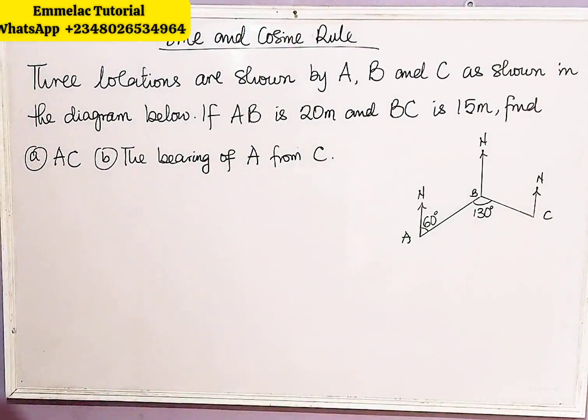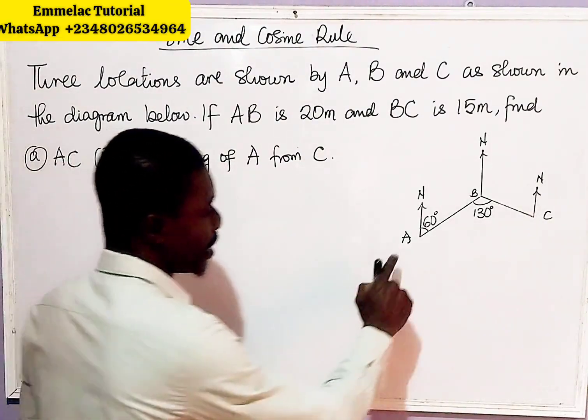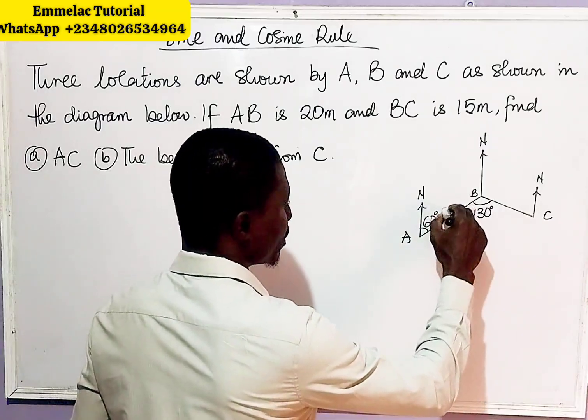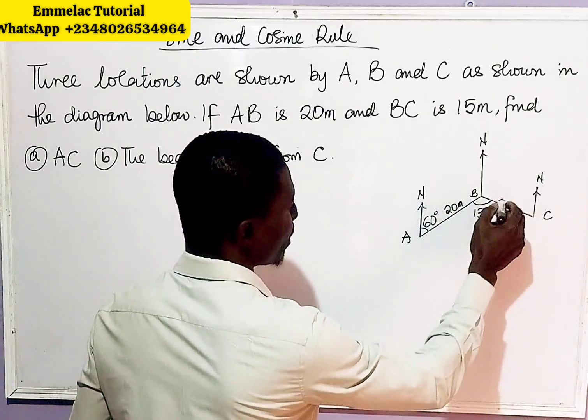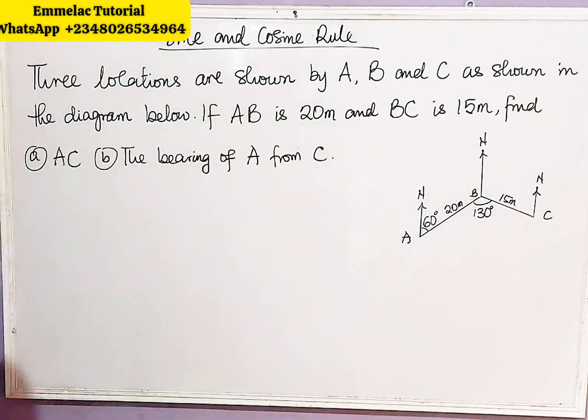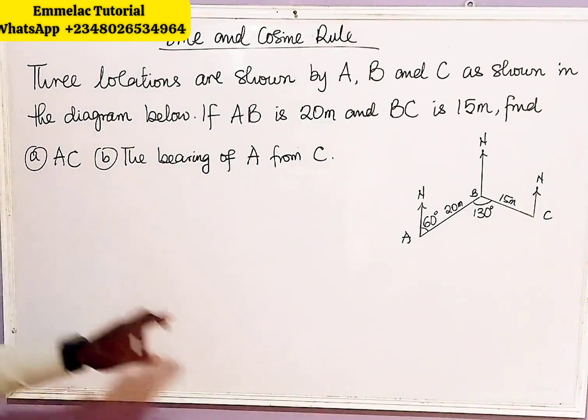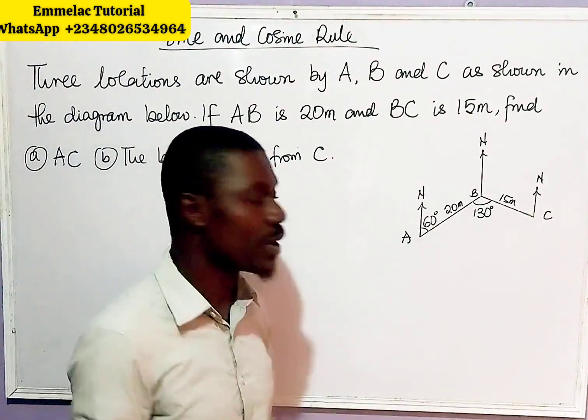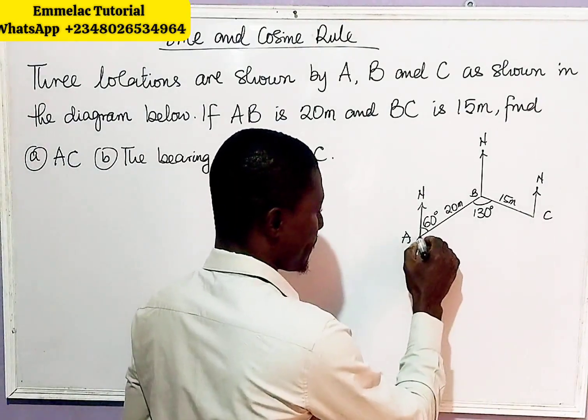Okay, so let's label this. AB, we are told, is 20, that's 20 here, and here is 15. Alright, so we are told to find AC, that is the distance from here to here.